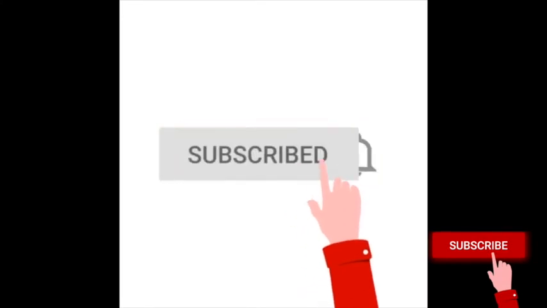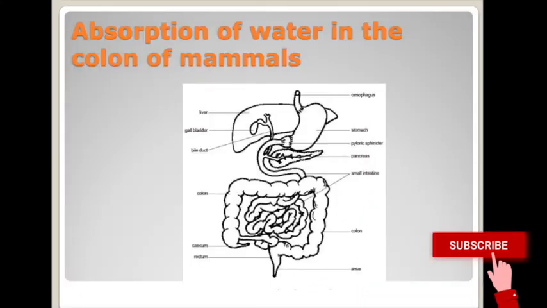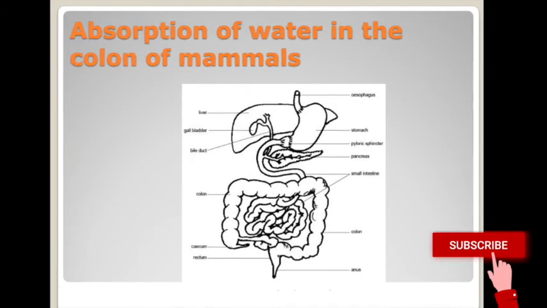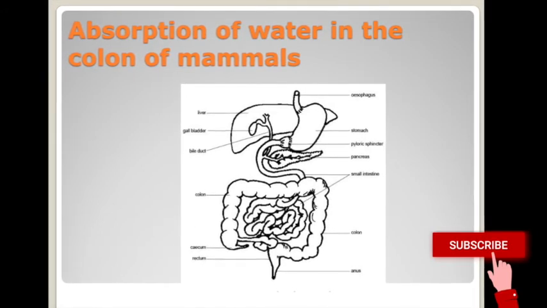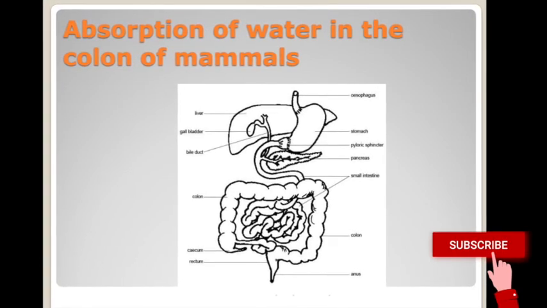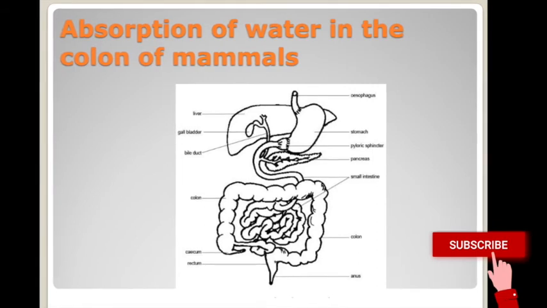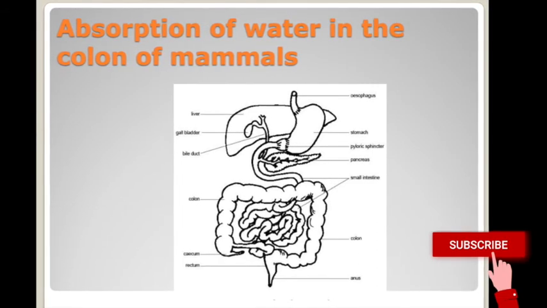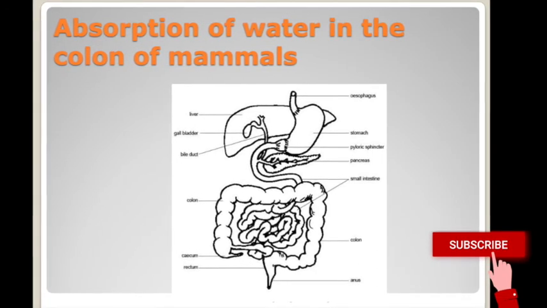The next slide, we are talking about absorption of water in the colon of mammals. Yes, when we go through the process of digestion, the undigested materials would come out through the large intestine known as the colon, and eventually come out as fecal matter.